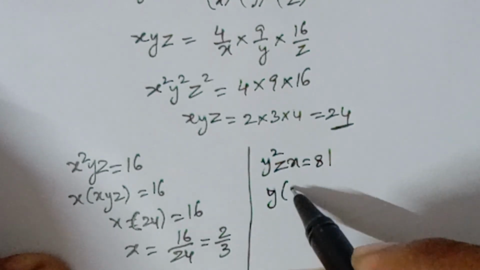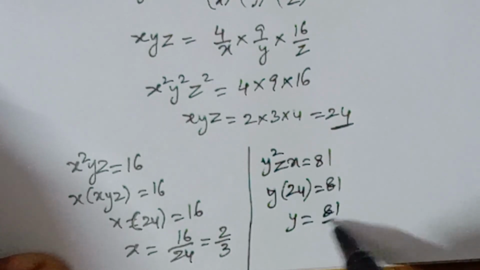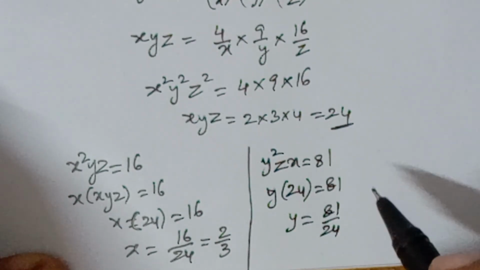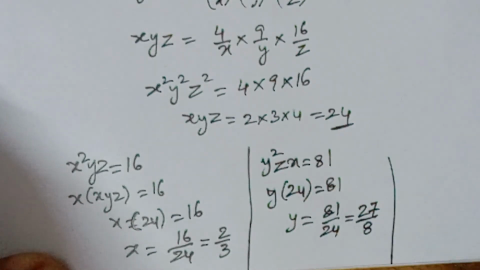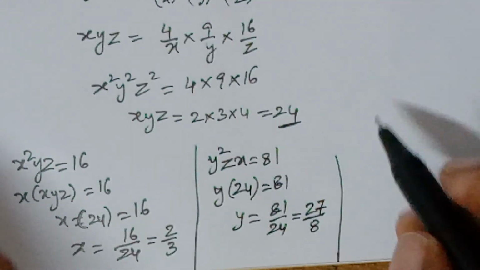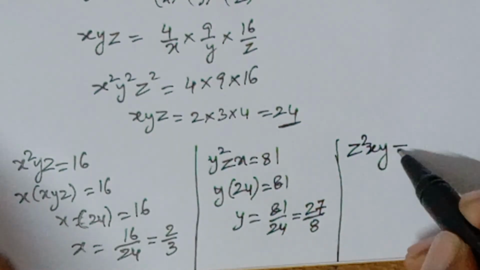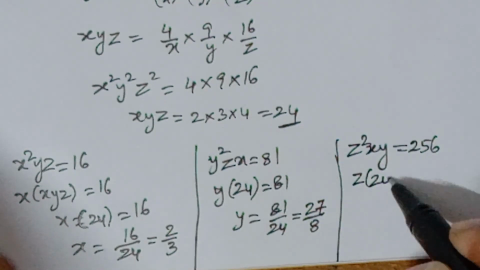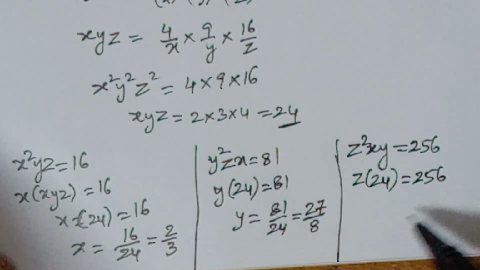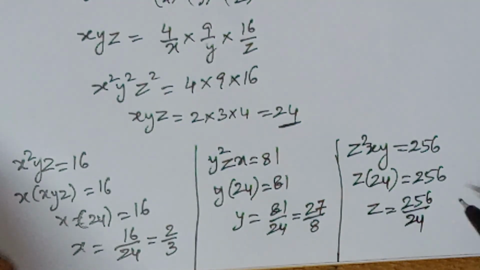So y into 24 equal to 81. y is equal to 81 by 24, the value is 27 by 8. Next, the third one, z square xy is equal to 256. z into 24 is equal to 256. z is equal to 256 by 24, that is equal to 32 by 3.